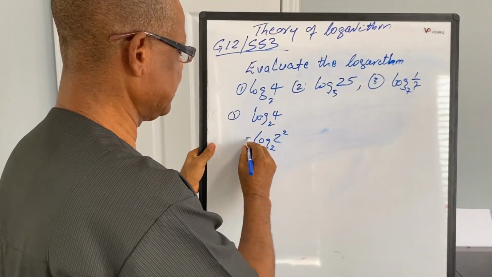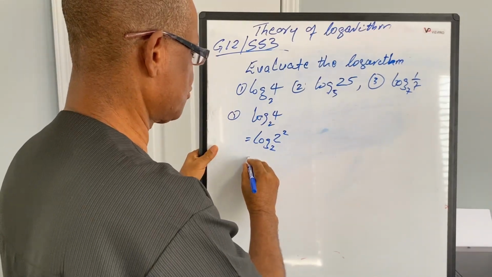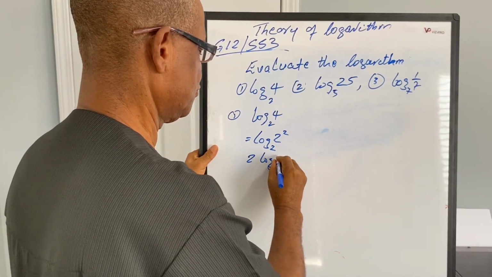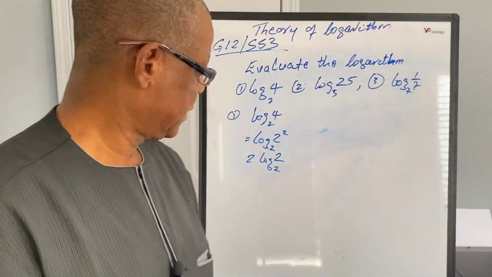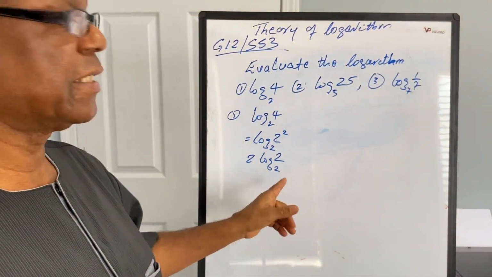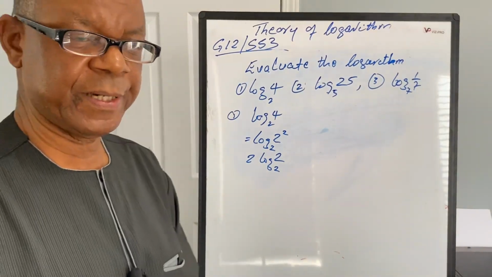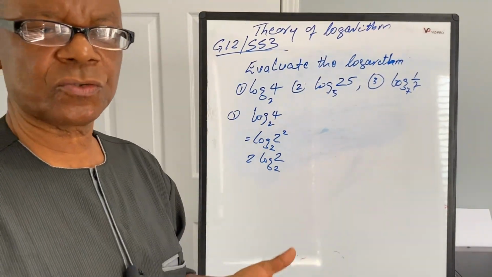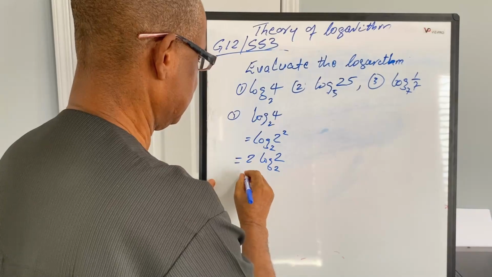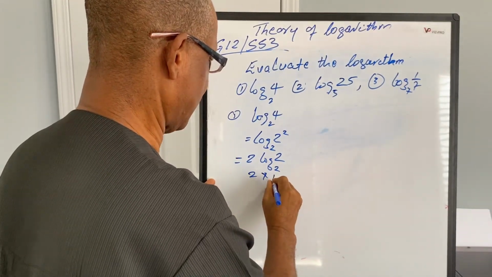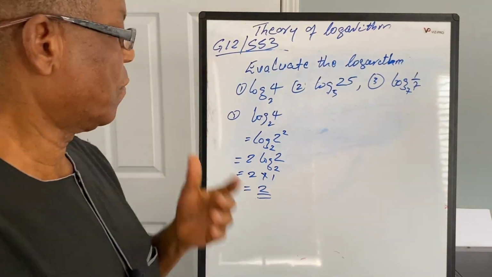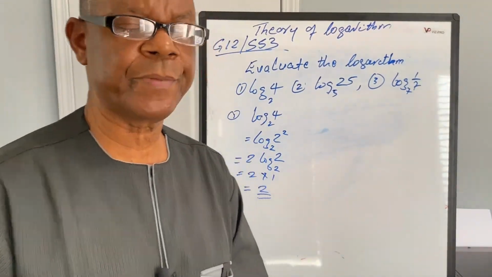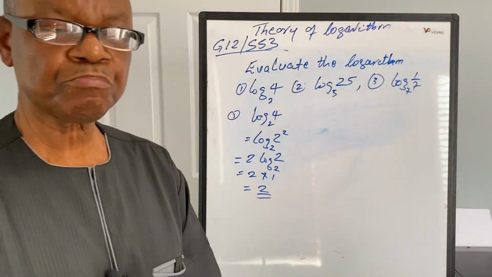Applying the third law, this is 2 log 2 base 2. Here you can see that the log number is the same as the base, so the result is 1. So our result here will be 2 times 1, and that is 2. We have found the value of log 4 base 2 to be 2.